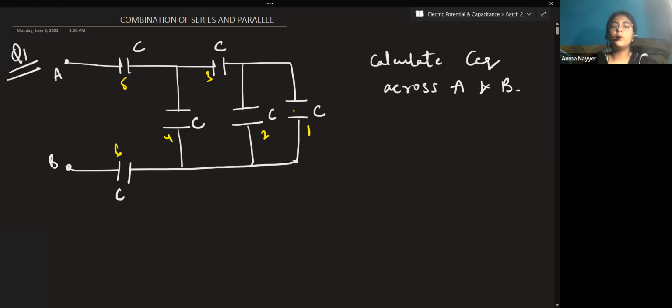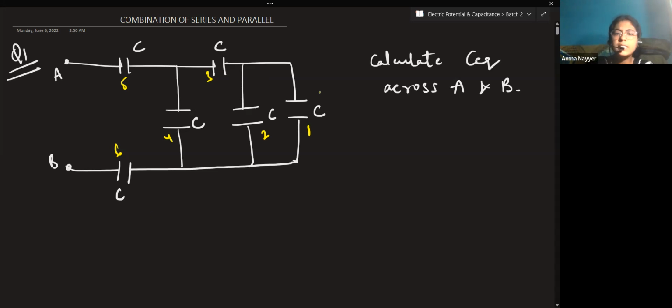So see, if you look at both of these, there's a branching. If you remember, I have discussed it with you. Whenever there is a branching, charge gets divided, but branching does not affect your voltage. If capacitors are connected, then potential will change, but it won't affect your charge.